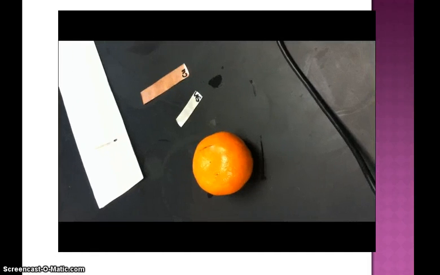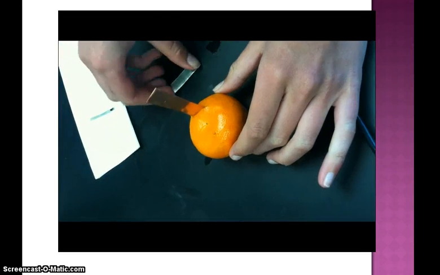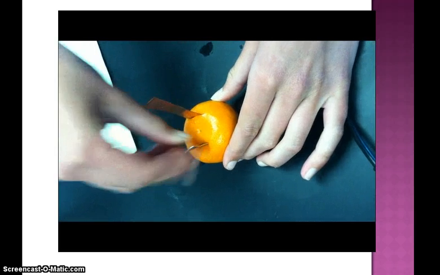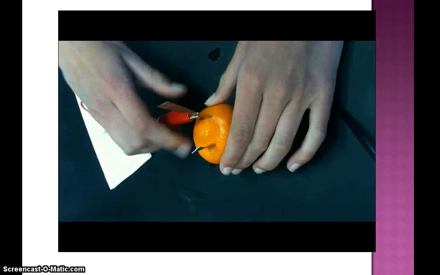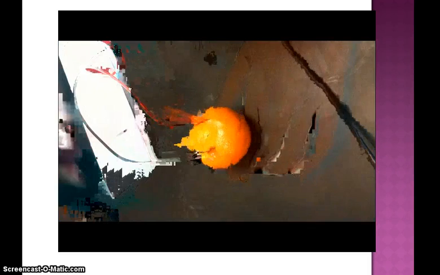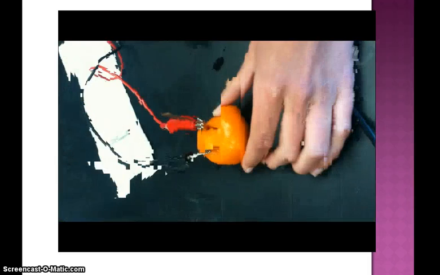This is also a similar case. We're going to be using tin and copper this time. Notice the positive voltage.